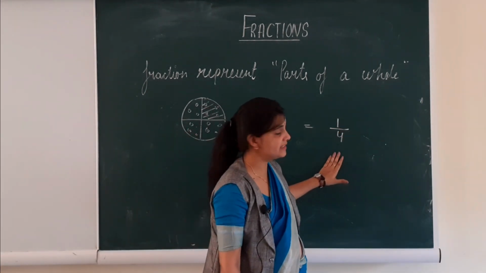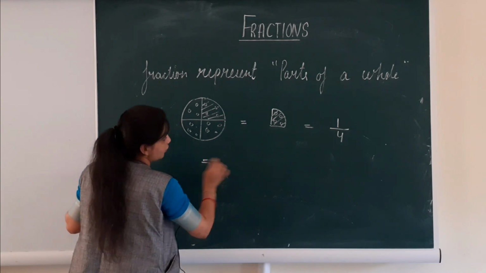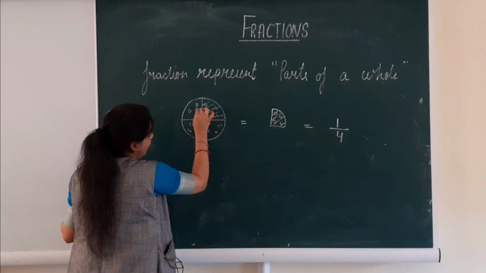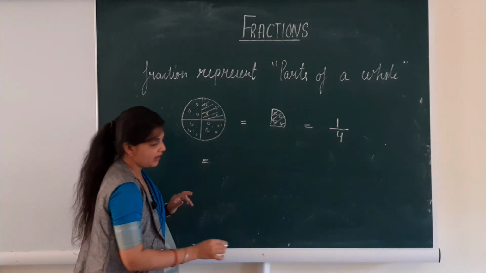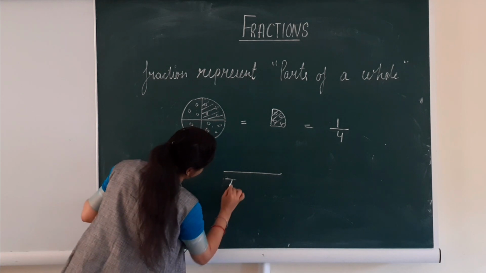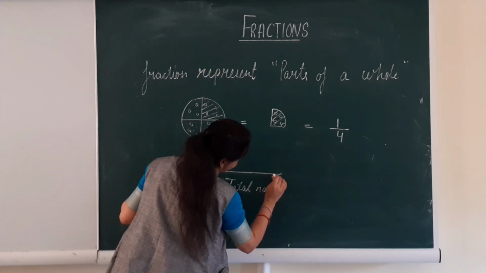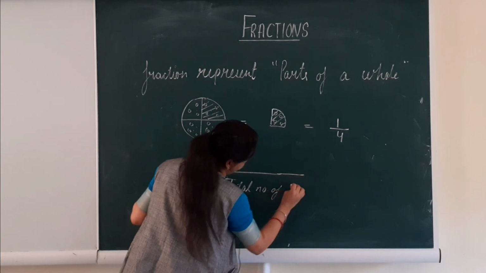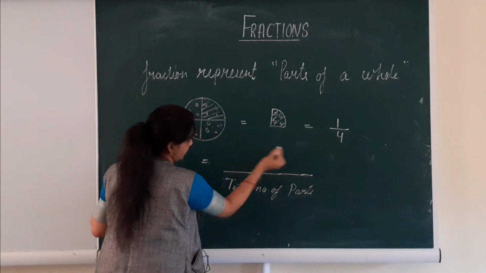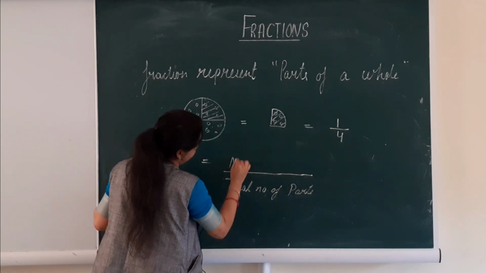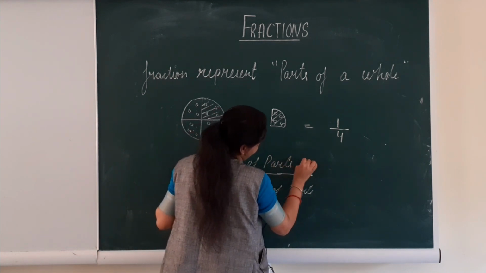From where will I get this? A fraction is represented as total number of parts, 1, 2, 3, 4, and the number of parts I have.